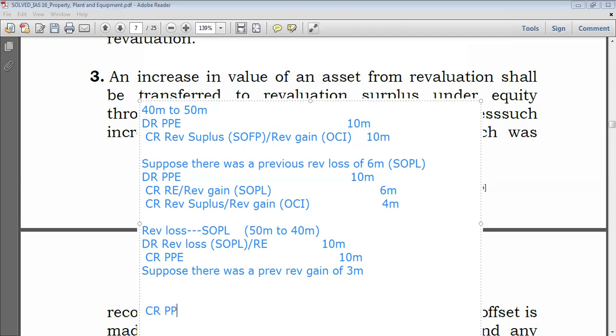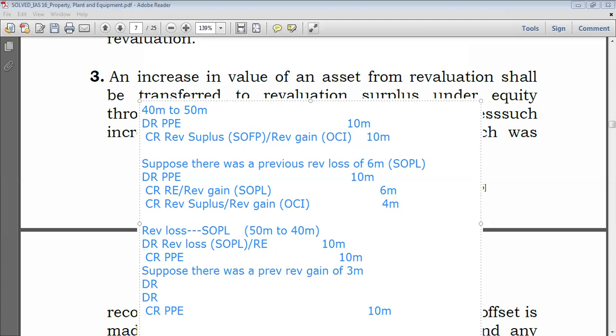So I would credit my PPE by 10 million just as normal here, no problem. Then what would I have to do at the top here? I've credited by 10 million, so it's obvious that I have to debit by 10 million. My point here is, where does that 10 million have to go? This is what you have to ascertain now.